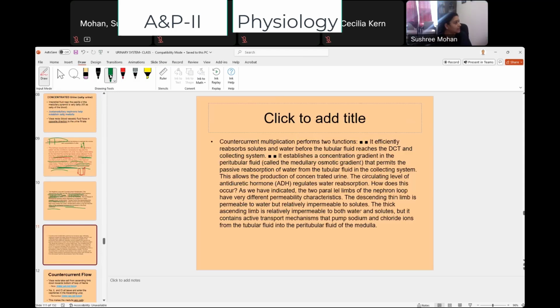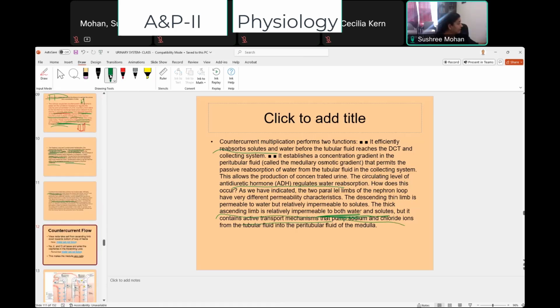So it performs two functions. It helps in the reabsorption of solute, and it makes sure that ADH is helping in water reabsorption through inserting aquaporins, all that we have discussed. And the ascending limb is impermeable to water and solutes, but it contains active transport mechanisms that will help in sodium and chloride transport.